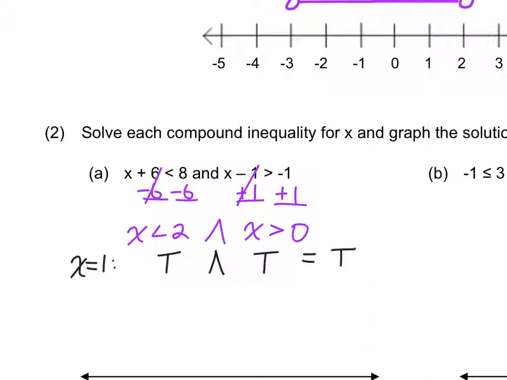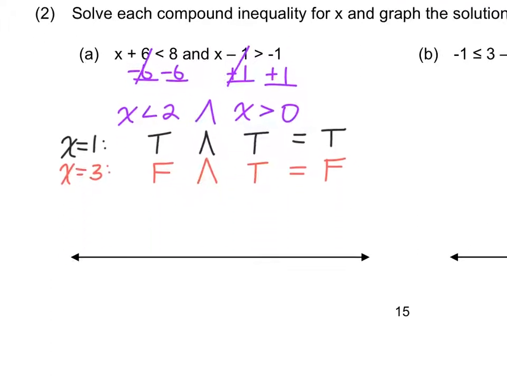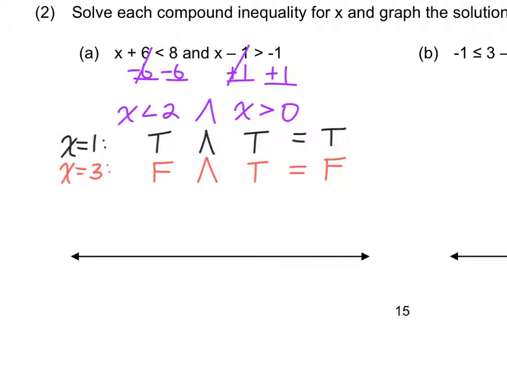So true sentence. But if I have something like x equals 3, it doesn't satisfy the first one, false, but it does satisfy the second one. If this were an or, I'd have a true sentence here, but in this case I have false because both parts are not true. So on my number line, I have my relevant values 2 and 0, but I'll plot a few more.